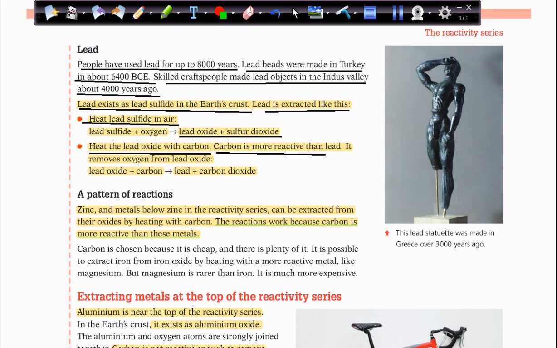Carbon is more reactive than lead, and why is it more reactive? It comes above the lead in the reactivity series, so it can remove oxygen from lead oxide. So lead oxide plus carbon gives us lead plus carbon dioxide.